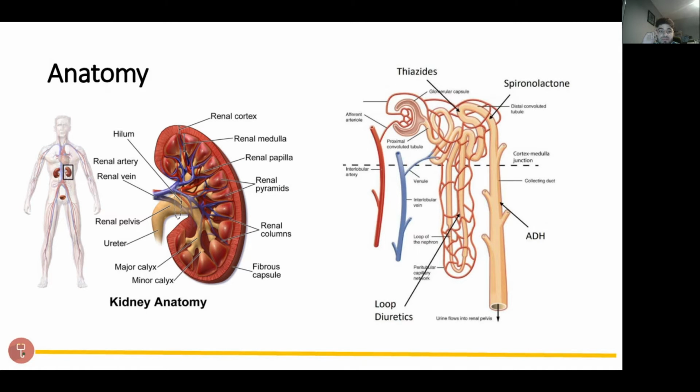We call these potassium sparing diuretics because they actually don't cause hypokalaemia. You've got eplerenone as well, and these block aldosterone. So these are aldosterone receptor, mineralocorticoid receptor antagonists, and they inhibit some of that RAS effect as well.